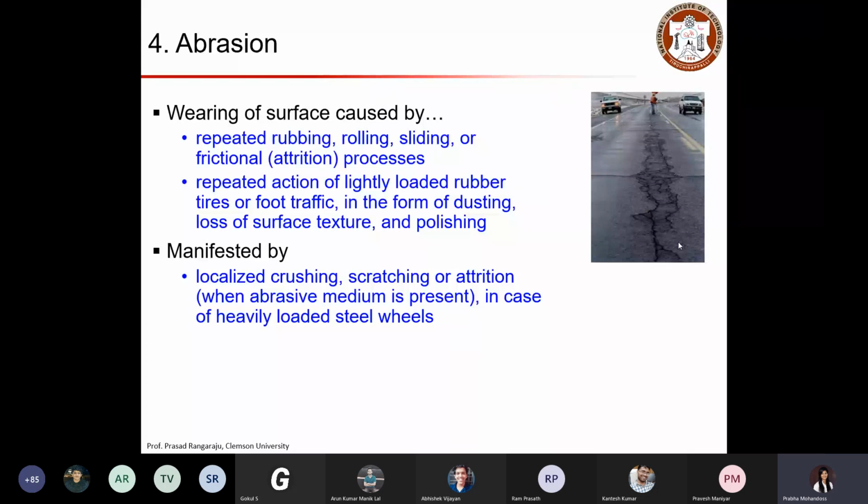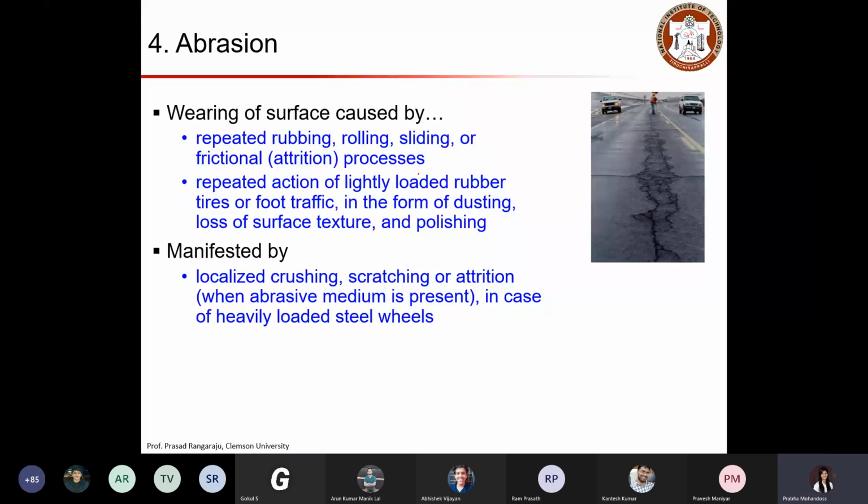Now we'll get into the next topic called abrasion. So you all know what abrasion is, right? Abrasion you can define as the failure of your surface, basically wearing of your surface, that could be due to repeated rubbing, rolling, sliding, or frictional process.